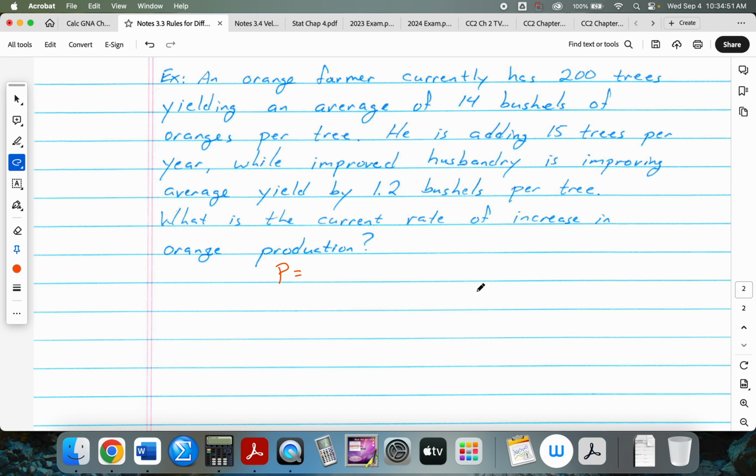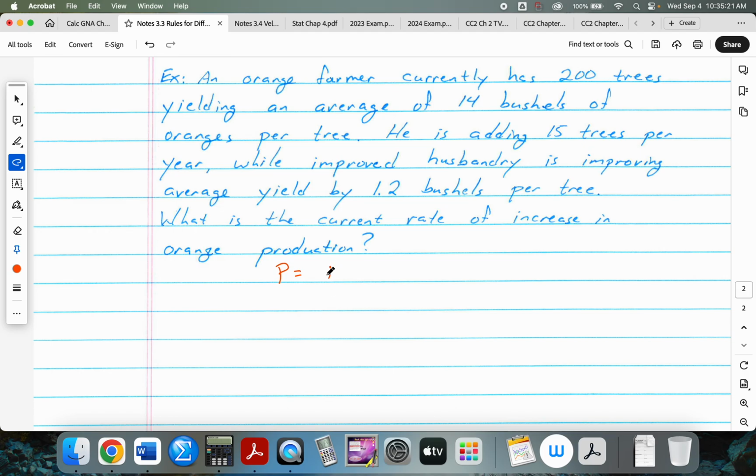He's got 200 trees, each of which produces 14 bushels. 2,800 bushels, right? Units are important. So you take the number of trees times how much each tree produces, right?